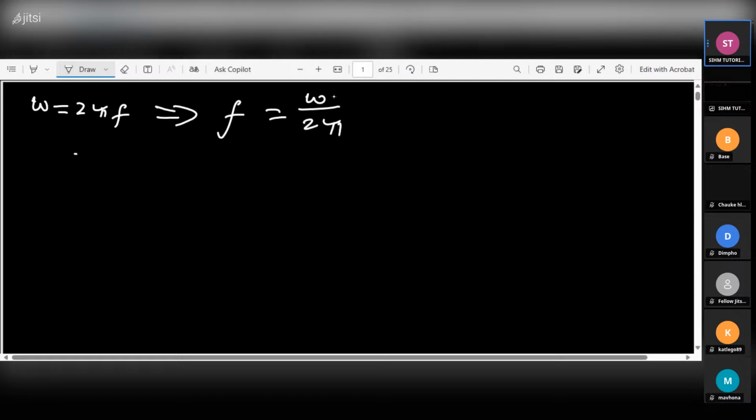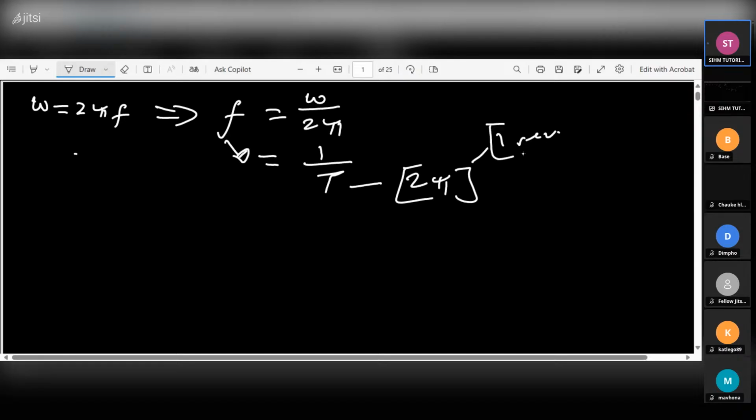This frequency can also be written as 1 divided by the period. Remember, the period is the time required to complete one revolution. As you know, one revolution is 2 pi.